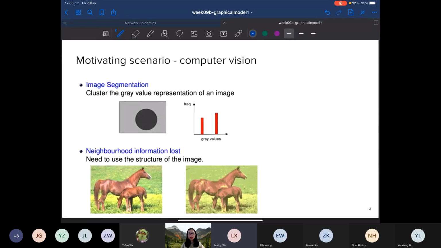So let's start from some brief motivation about why we need to encode dependencies in a rich graph structure. If we think about image segmentation, the view on the left is essentially the view in, let's say, the 60s. If we have a toy image that is idealistic, what can we do with it?